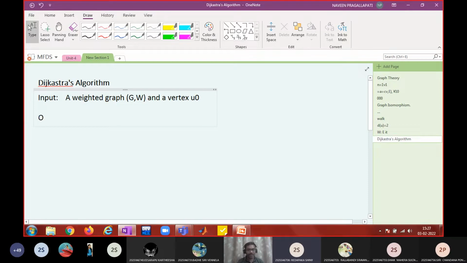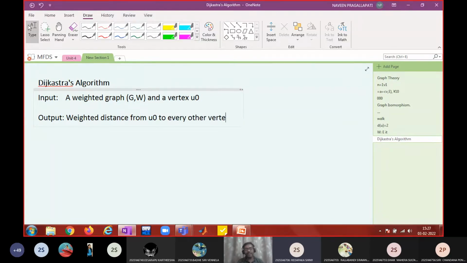What is the output you want? The weighted distance from U naught to every other vertex in G. We start with U naught, and we will be giving some initializations.